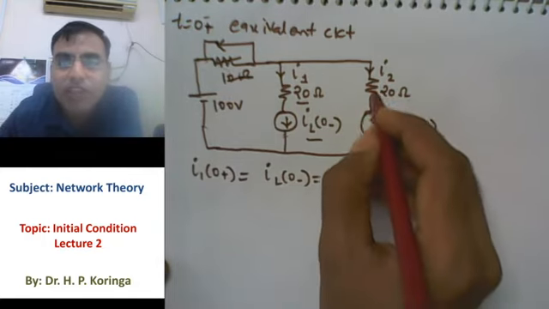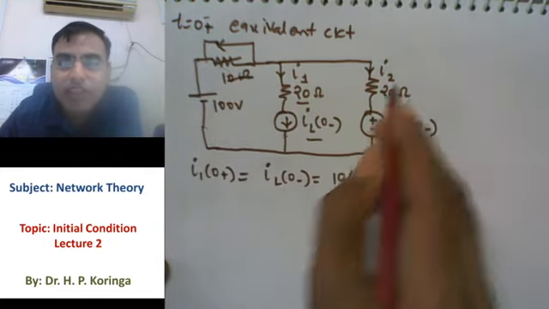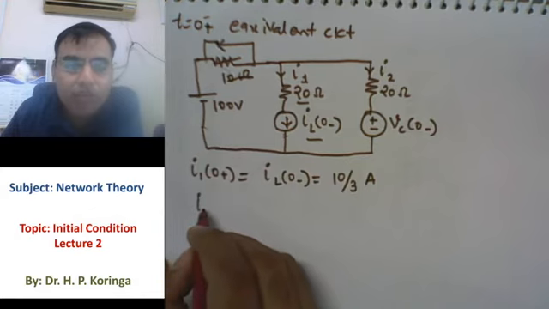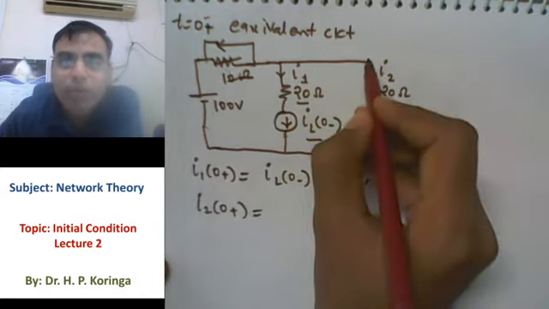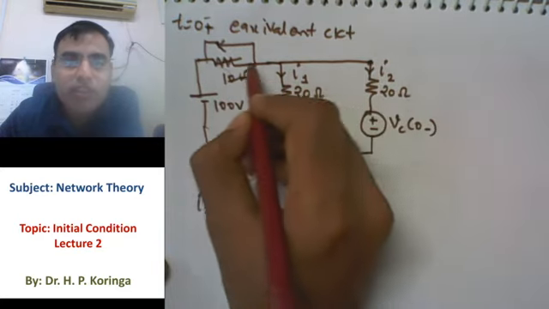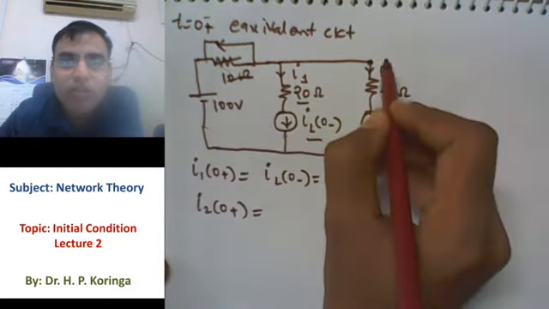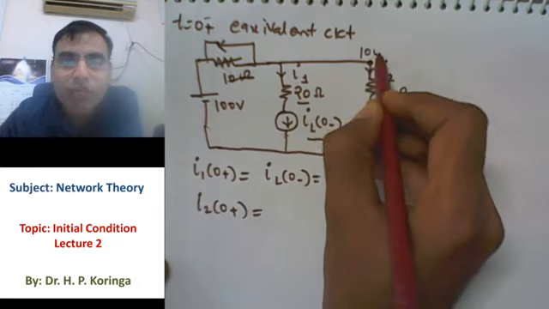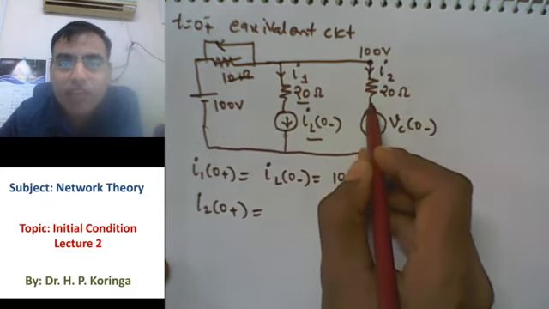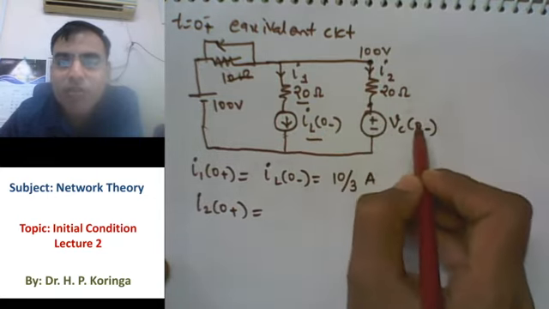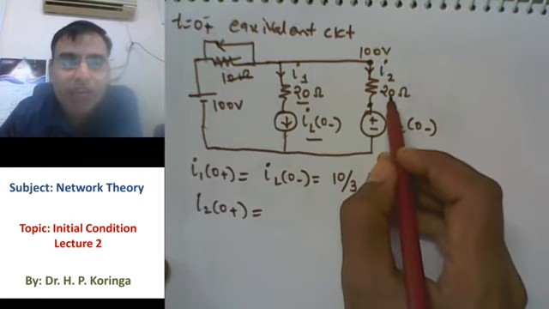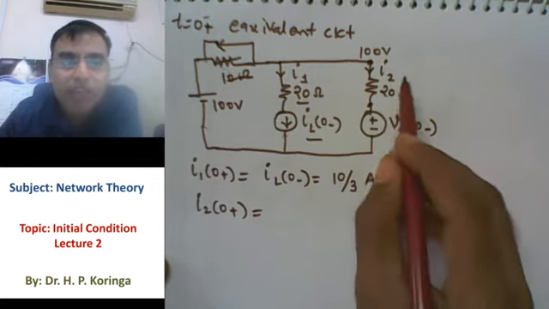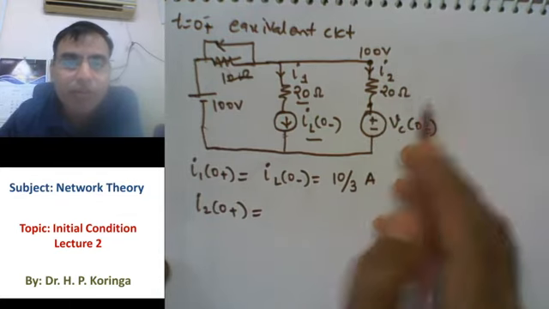Now the current passing in this branch, right, that is I2 of 0 plus. To find the current passing in this branch, at this node the potential is 100 volt. At this node the potential is VC of 0 minus. In between there is the 20 ohm. If you want to find the current passing through any resistance, it is the potential difference divided by 20 ohm.